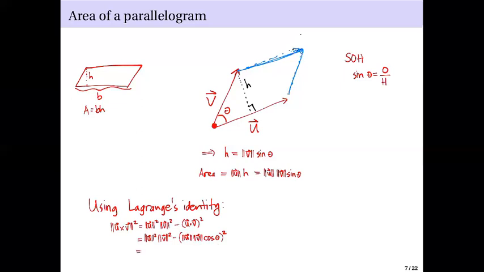You will get norm of u squared, norm of v squared, and then minus norm of u squared, norm of v squared, cosine squared theta. And then you can factor out norm of u squared, norm of v squared, the common factor, so that you will be left with norm of u squared, norm of v squared, quantity 1 minus cosine squared theta.